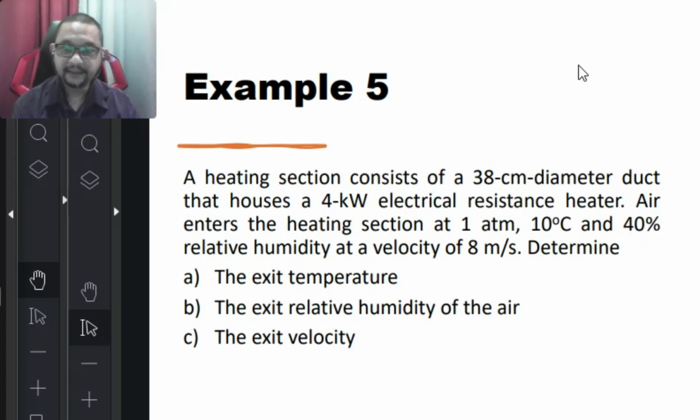Air enters the heating section at 1 atm, 10 degrees Celsius, and 40% relative humidity at a velocity of 8 meters per second. Determine A, the exit temperature, B, the exit relative humidity of the air, and C, the exit velocity.